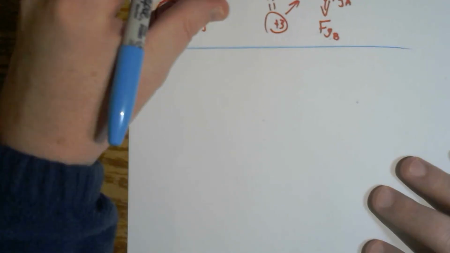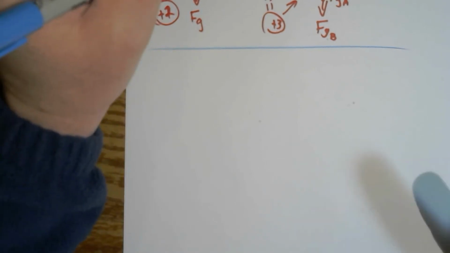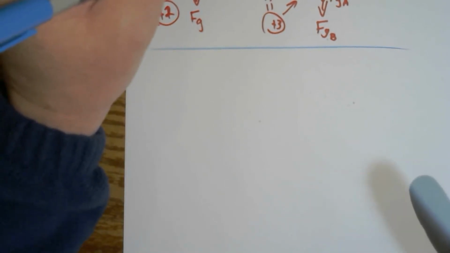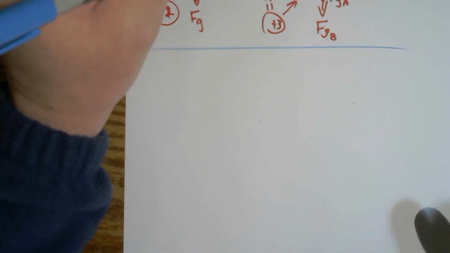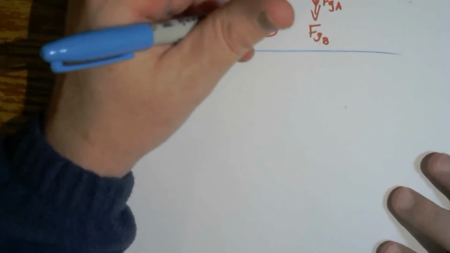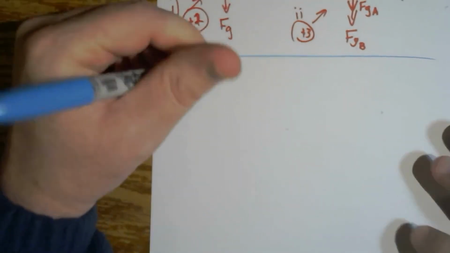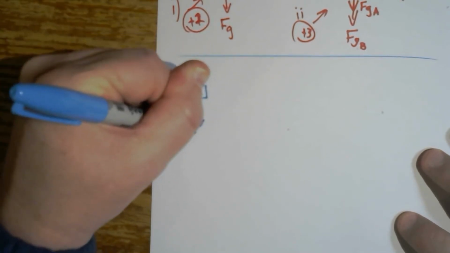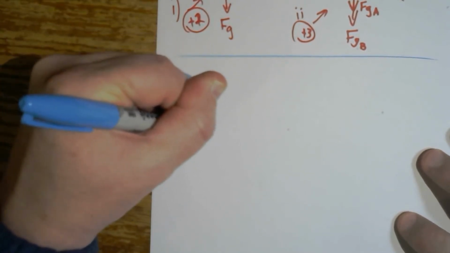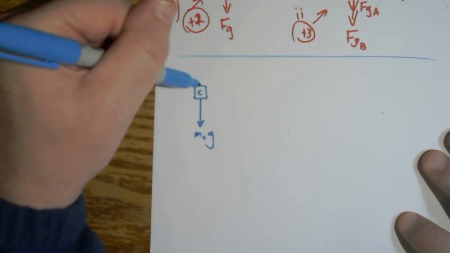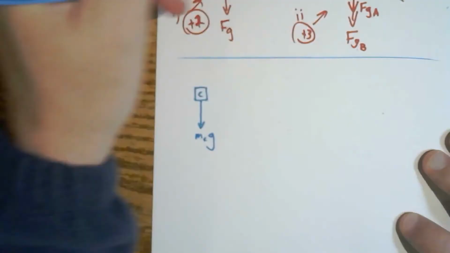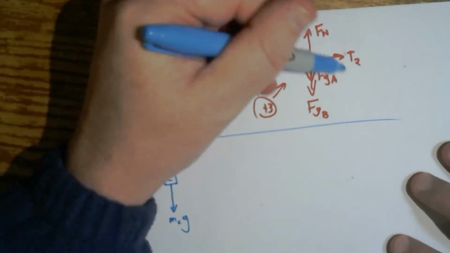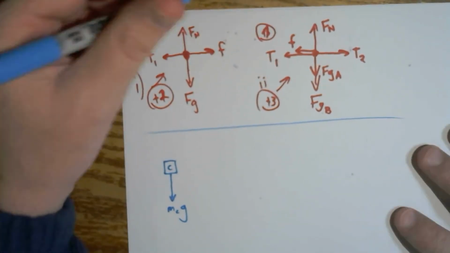So for this part, let's start off like this. The system is going to remain at rest. That means that the force of gravity pulling down on block C, mc times g, has to be equal to all the other forces of all the other stuff on block A and B combined, right?